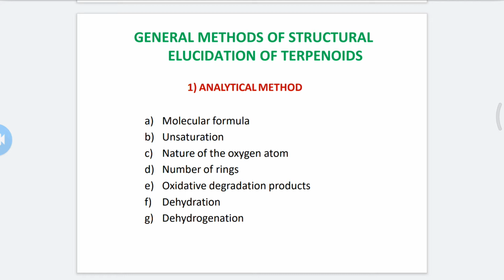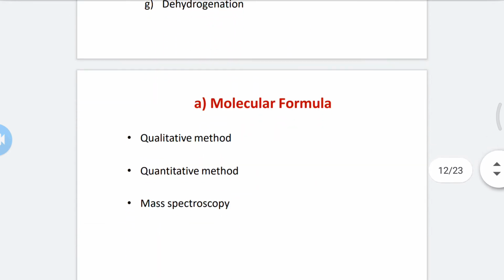So there are different methods used for structural elucidation of terpenoids. These analytical methods are used for structural elucidation of terpenoids.